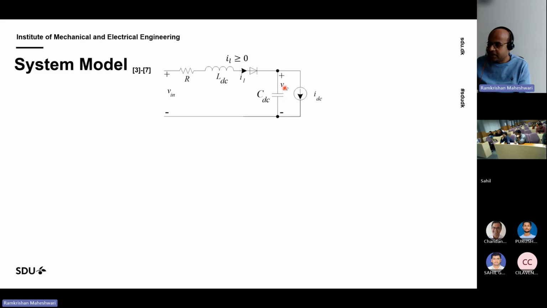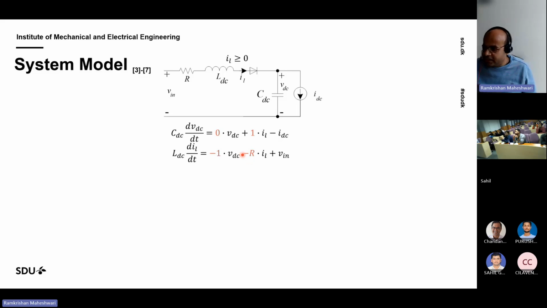And then we have a capacitor here, which is feeding a load, which right now I have denoted as IDC, but this is a constant power load. So if we have a plain RLC circuit, then we all know the second order system: what the capacitor voltage dynamics and the inductor current dynamics are. We can write this equation. Very standard, no problem about this.